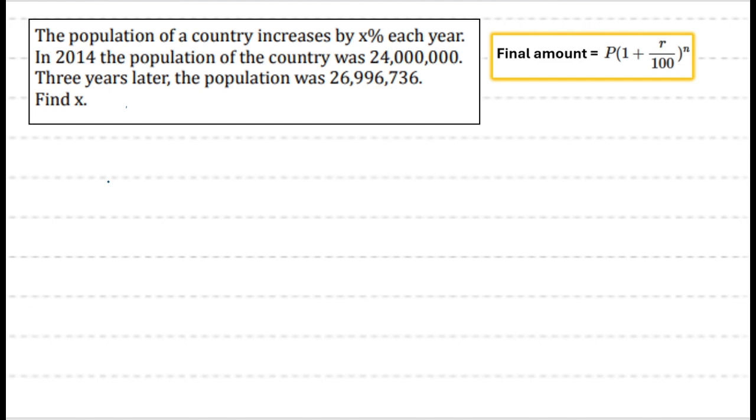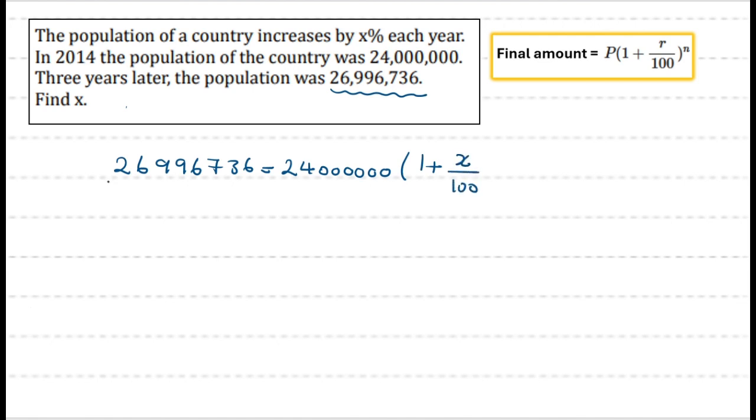So, we're going to use the formula for compound interest, which says that the final amount, 26,996,736, is equal to the initial amount, which is 24 million, times 1 plus R, which in this case is X over 100, raised to the power of number of years.